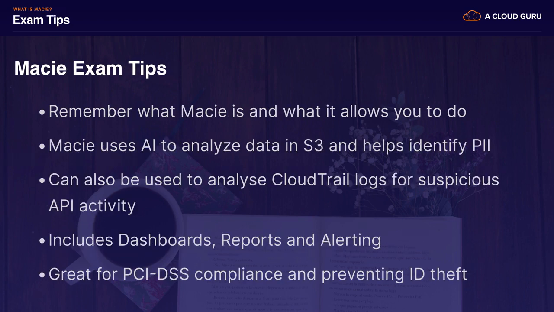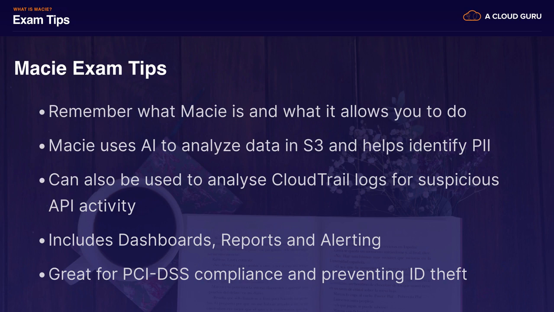Moving on to Macie, once again, you just need to remember what it is and what it allows you to do. It uses AI to analyze data in S3 and helps you to identify personally identifiable information, or PII. So it's a security service which uses artificial intelligence to analyze your data to identify any personally identifiable information.